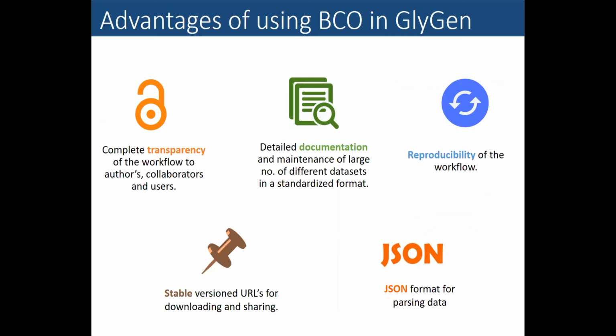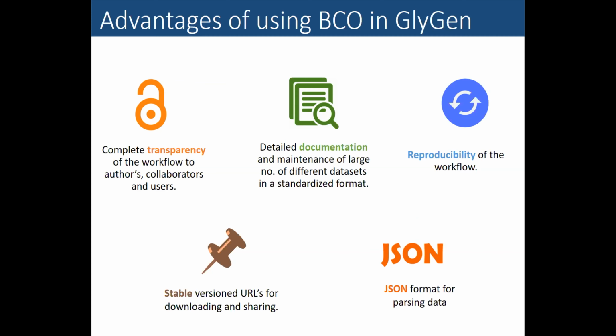So here, to summarize, I wanted to highlight some of the advantages of using a BCO in a knowledge base like GlyGen. First of all, it provides complete transparency of the workflow to its author, collaborators, and users, of what we have done with that data set.